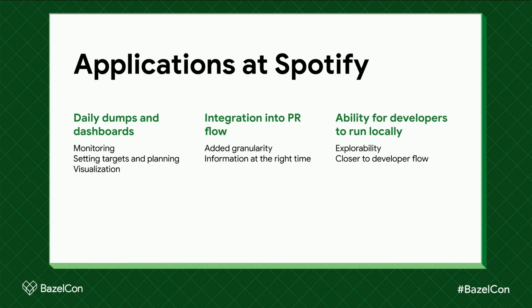So internally at Spotify, we use this dashboard to monitor and understand how the graph is changing over time, but also for setting targets and during planning, as we, for example, did with the Android target scoring higher than 10,000 and having this as a special effort. Also for visualization and exploring the graph and learning about the structure and communicating around the work and impact it is having.